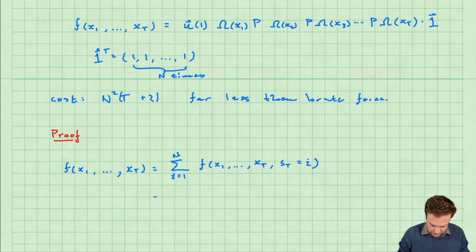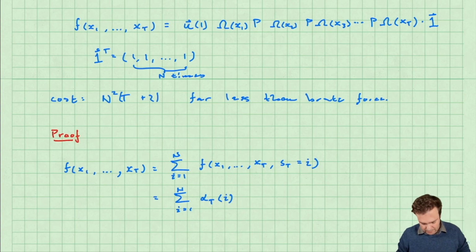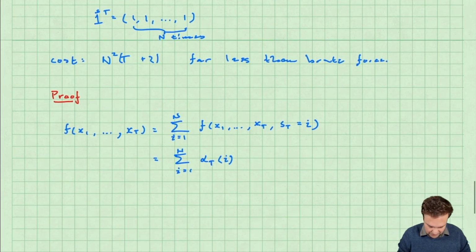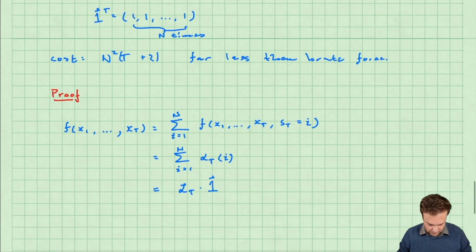This is just a sum, i equaling 1 to n, of alpha t, its ith component. But you could re-express that with a vector of ones, a dot product of this row vector with a column vector of ones.